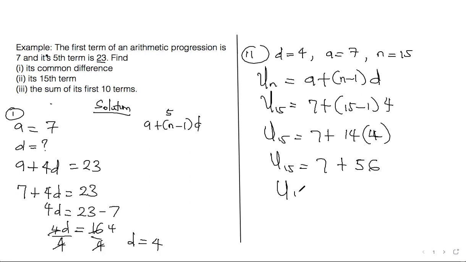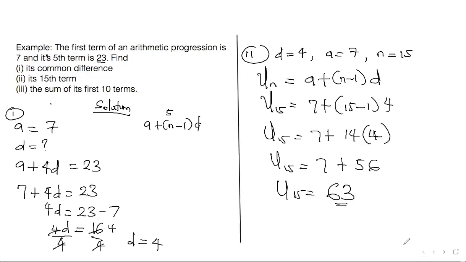So U15 will be 56 plus 7, which gives us 63. That's the 15th term.